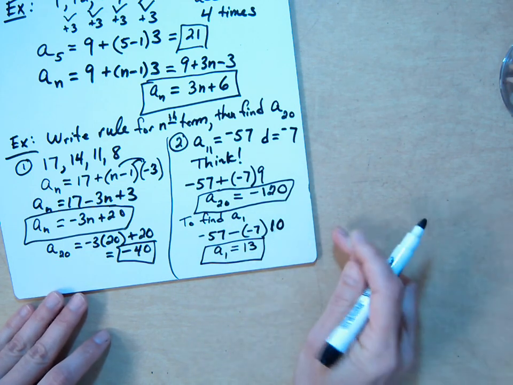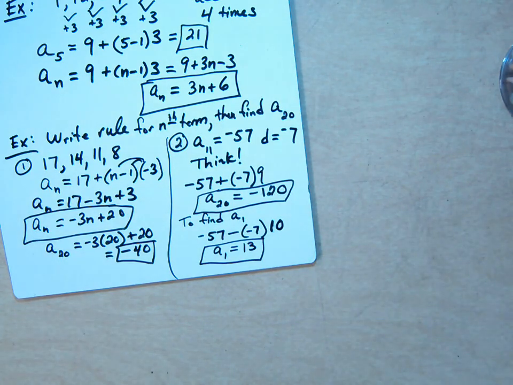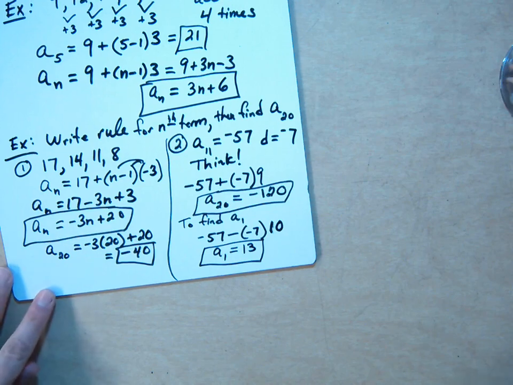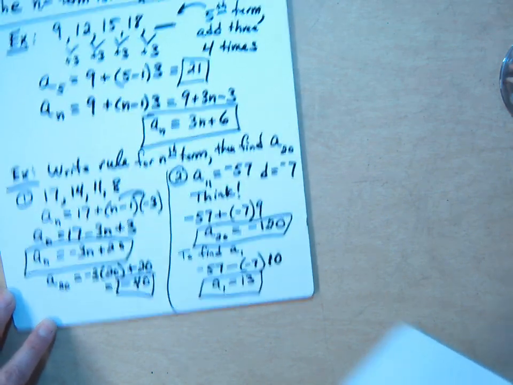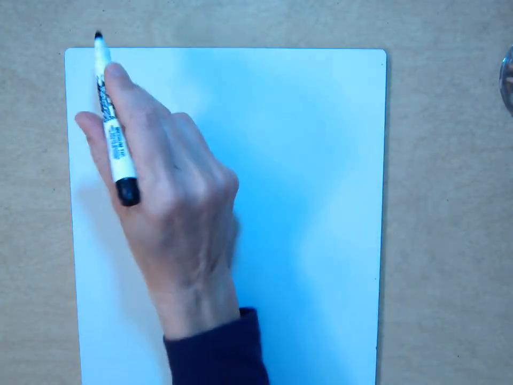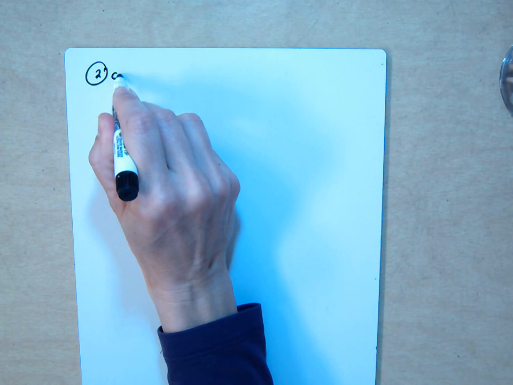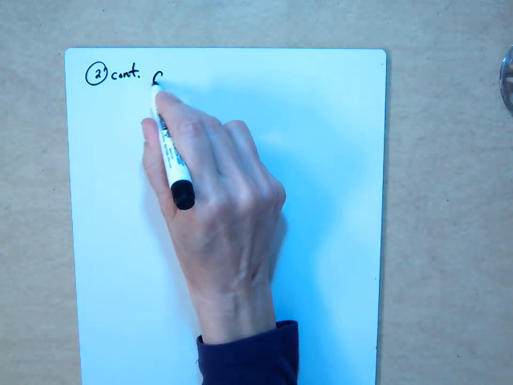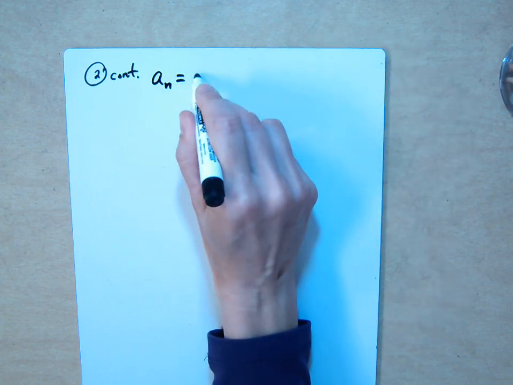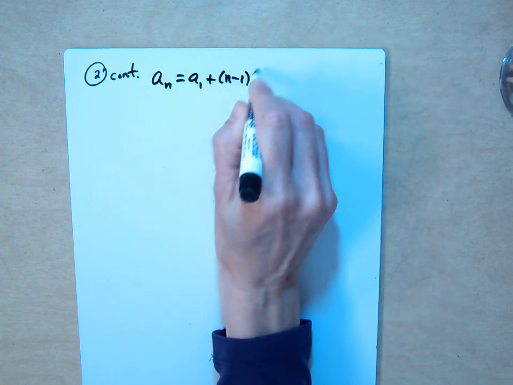And now we can find the formula. I have to go to this next page, but we can find the formula by using the formula for a sub n. This is still number 2, continued. And I would use this formula, a sub n equals a sub 1 plus n minus 1 times d.